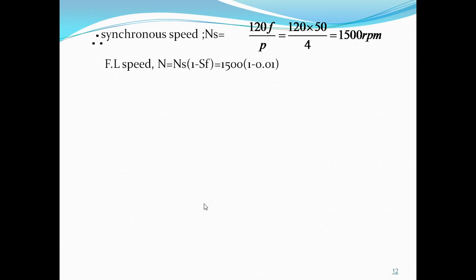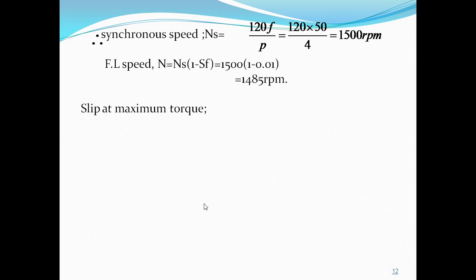So that is 1500 into 1 minus 0.01. So that is 1485 rpm. So that is the full load speed.